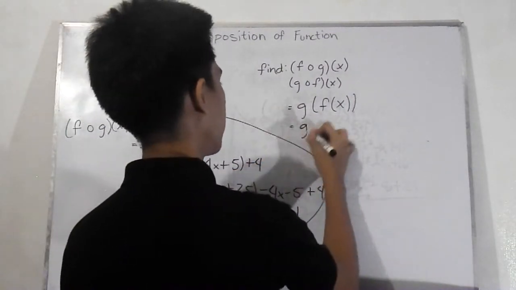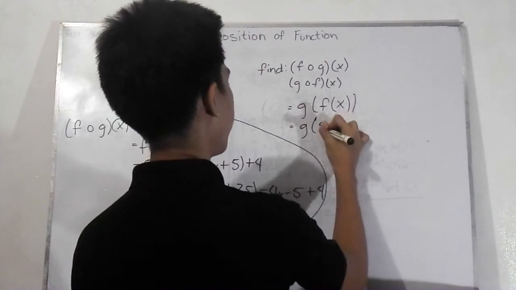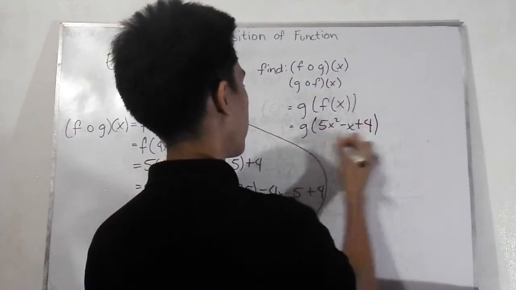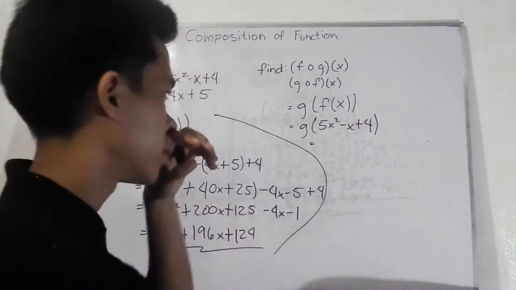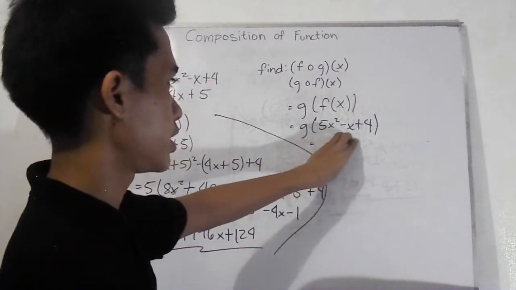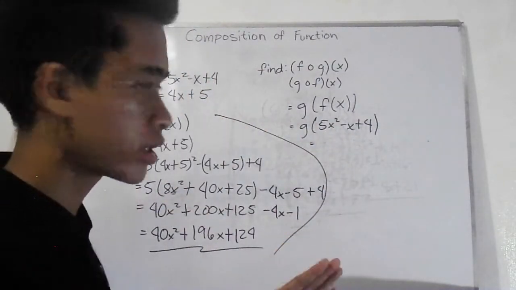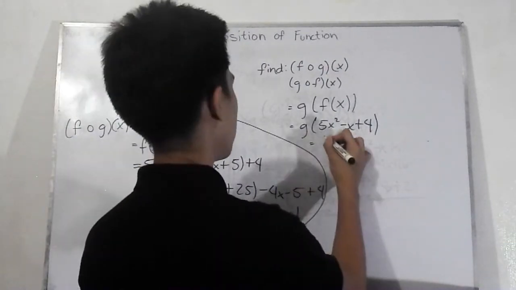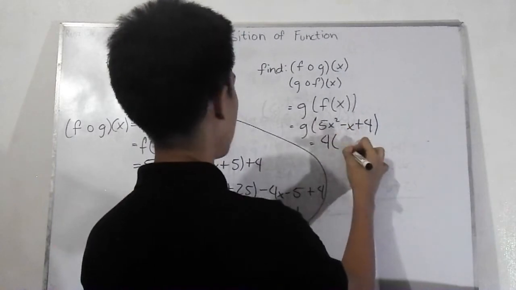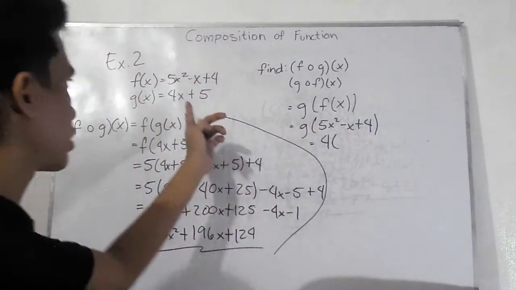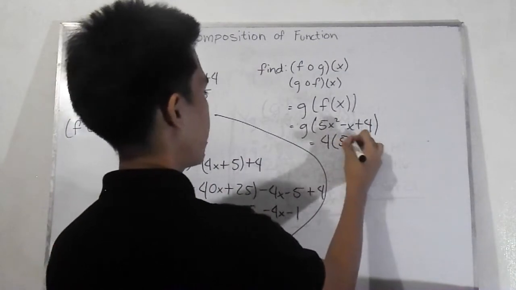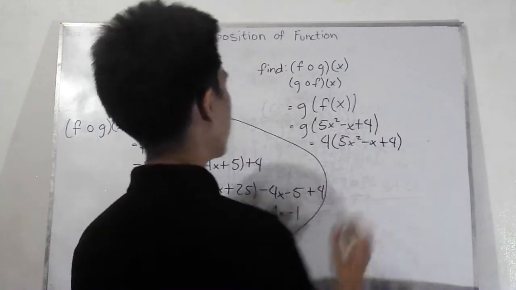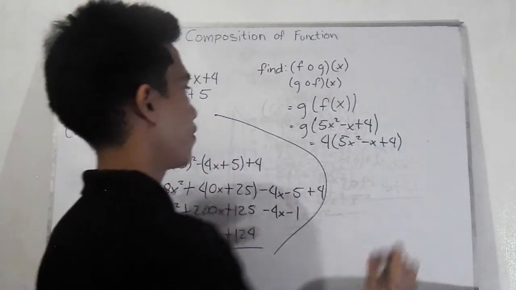So g of 5x squared minus x plus 4. So this input here will be substituted in the value of g of x. So 4, substitute the x, 5x squared minus x plus 4, copy positive 5.